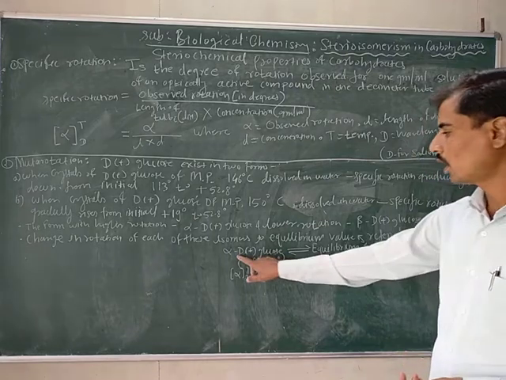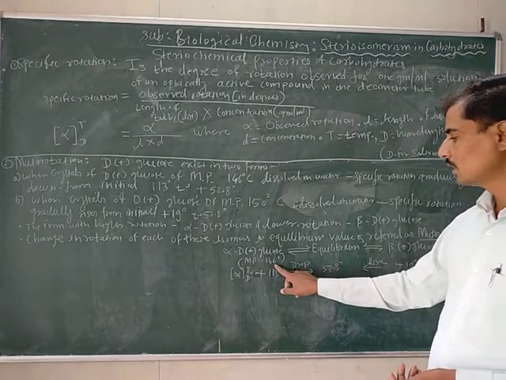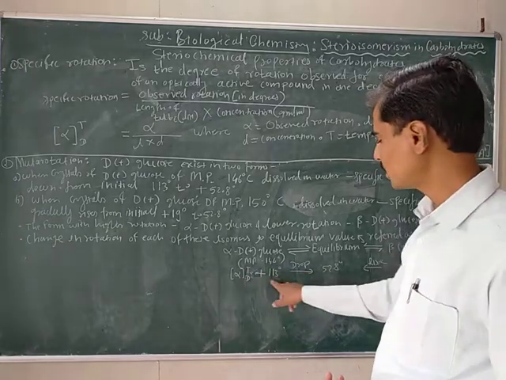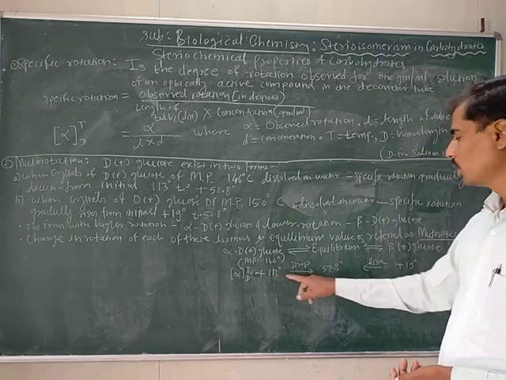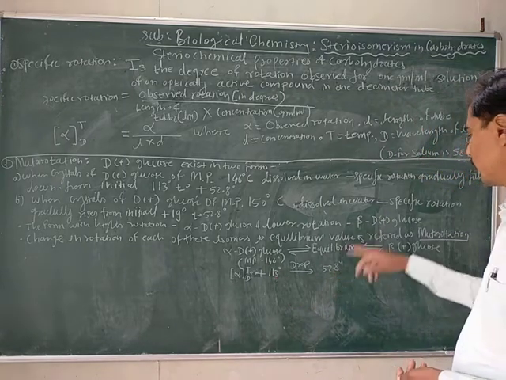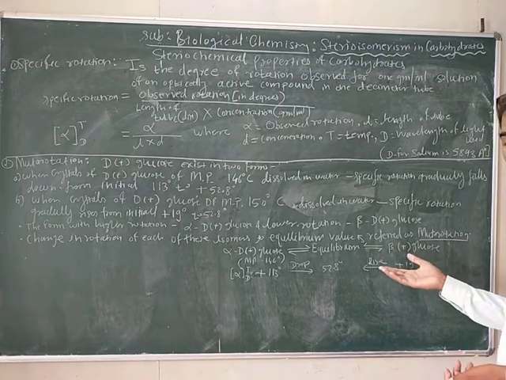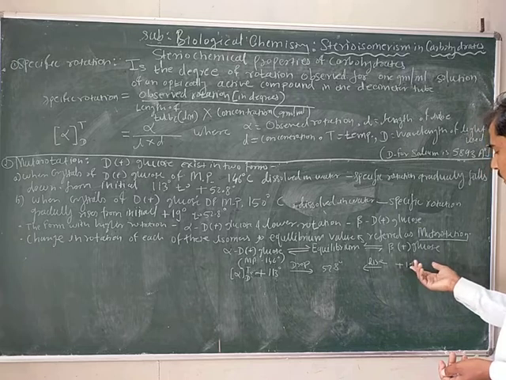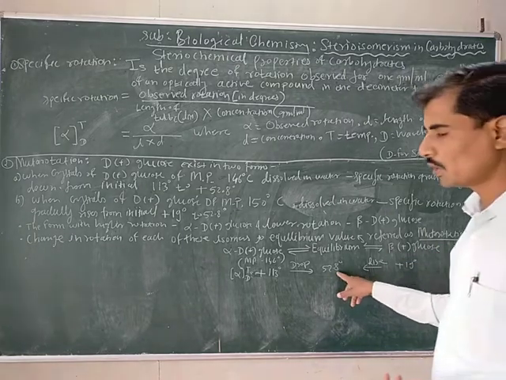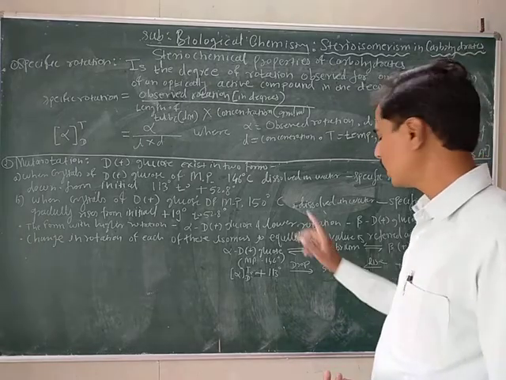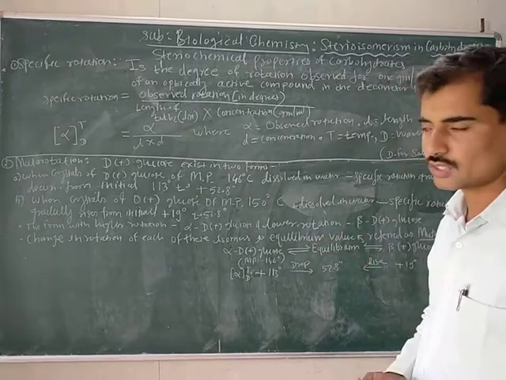For alpha D plus glucose of melting point 146 degrees Celsius, the specific rotation falls from 113 degrees to 52.8 degrees, and on the other hand for D plus glucose of melting point 150 degrees Celsius, the specific rotation rises from plus 19 degrees to 52.8 degrees. That means 52.8 degrees is the equilibrium value of these two isomers.